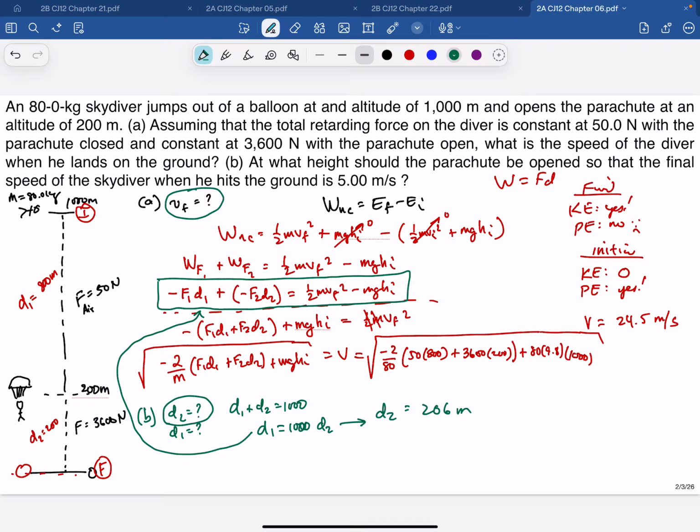But it's not that much higher, right? A 6 meter difference in this situation was the difference between dying and walking away. So are you saying that it's 206 meters off the ground? Yeah. Okay. D2 is measured from the ground up, right? So only 6 meters of difference.